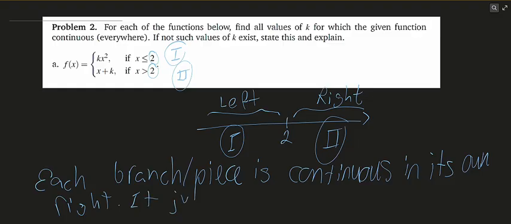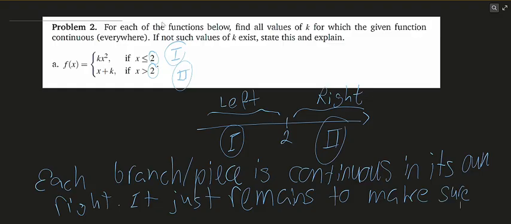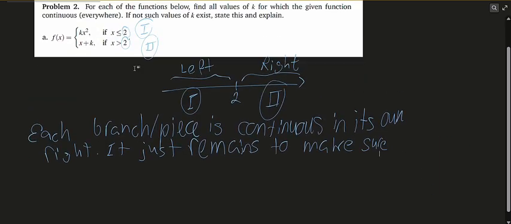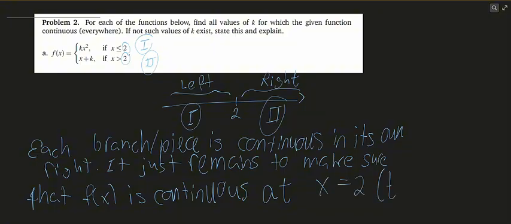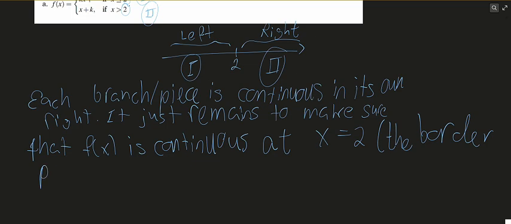It just remains to make sure that f of x is continuous at x equals 2, the border point. Basically the point that touches the two branches, which we have circled up here.